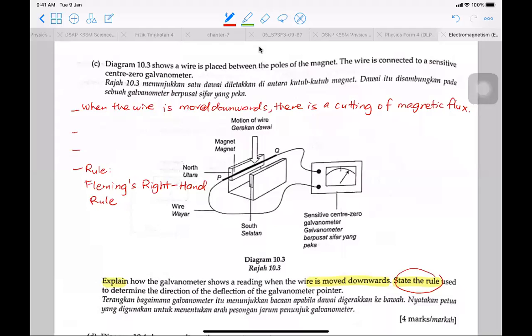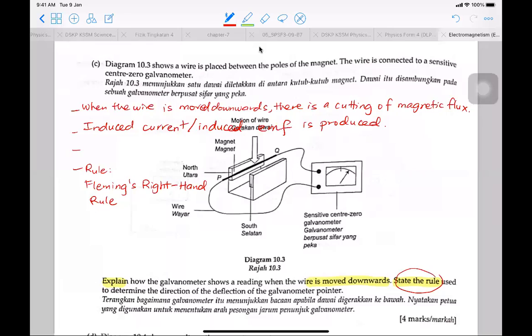Yes, magnetic flux. That is the first point. Okay, second point, what will be produced when there is a cutting of magnetic flux? Induced current or induced EMF, correct. Induced EMF is produced. That is the second mark.